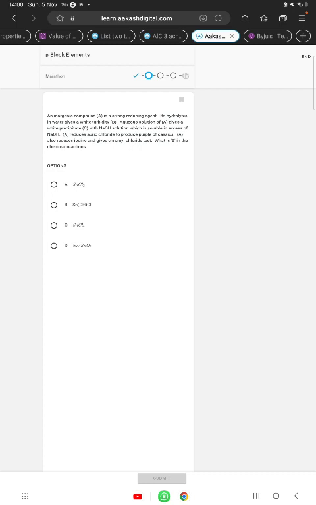A also reduces iodine and gives chromyl chloride. What is B in the chemical reaction? A is a strong reducing agent, SnCl2. It hydrolyzes in water to give white turbidity of B.